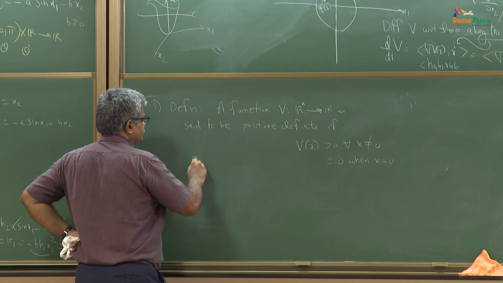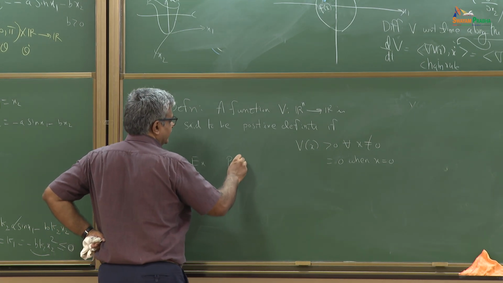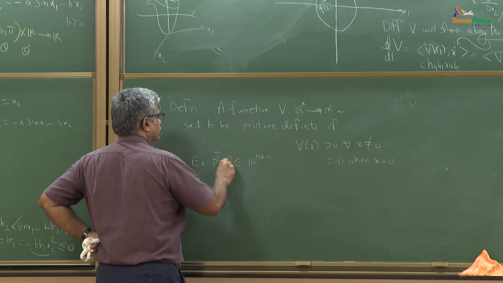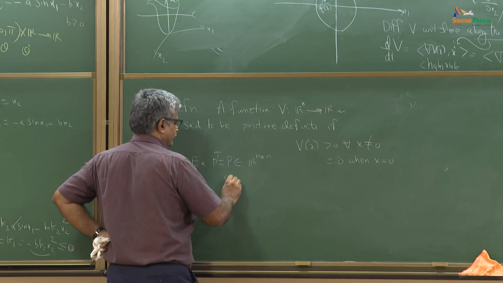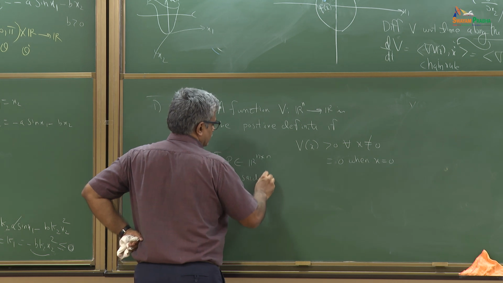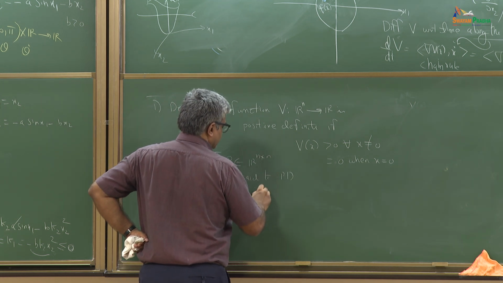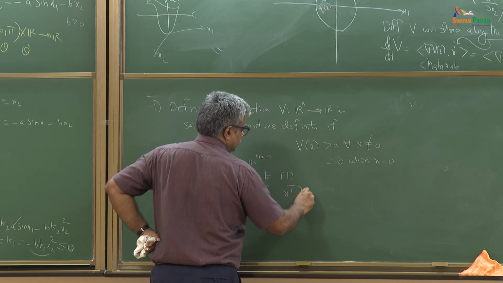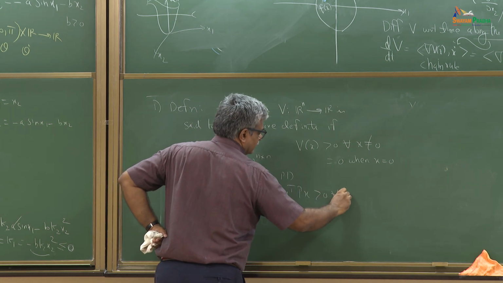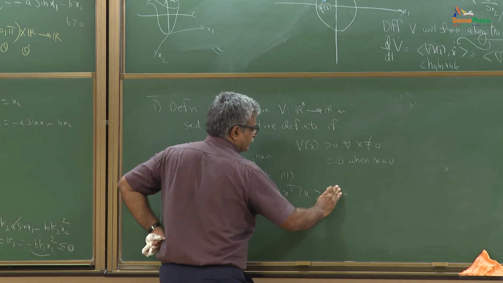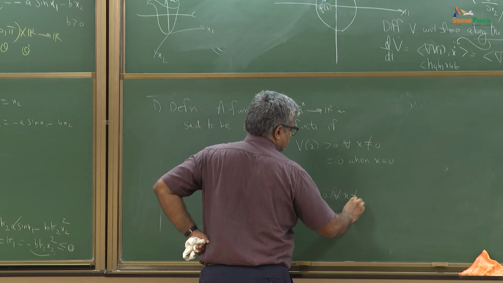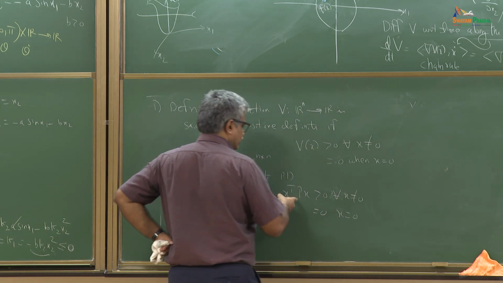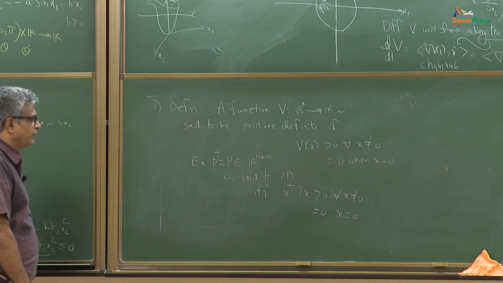So you say a symmetric matrix is said to be positive definite if and only if the quadratic form is positive, and obviously when x equal to 0 it should be 0, right.